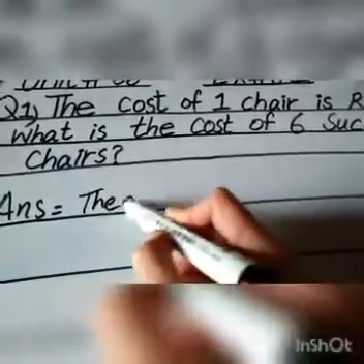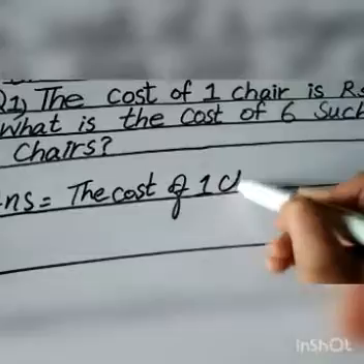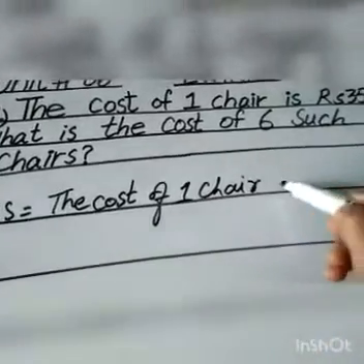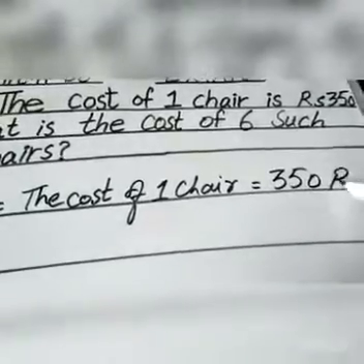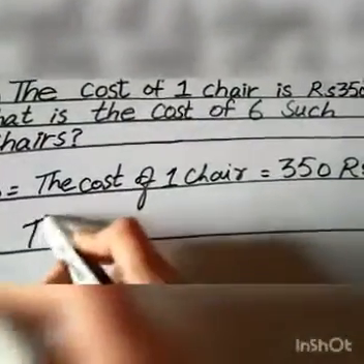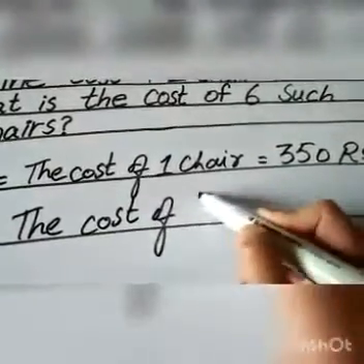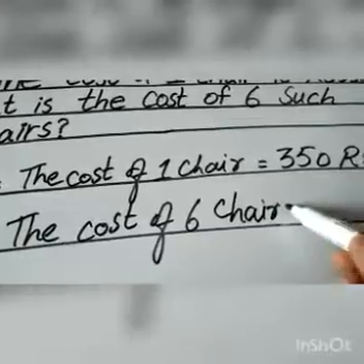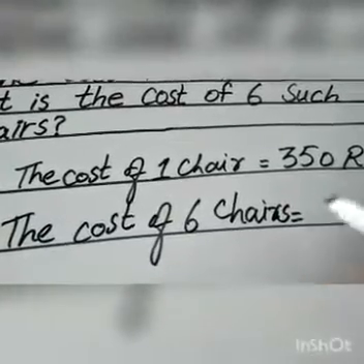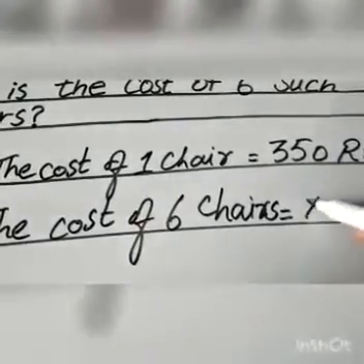The cost of one chair is equal to 350 rupees and the cost of 6 chairs is equal to, what we have to do? We have to multiply by 6.